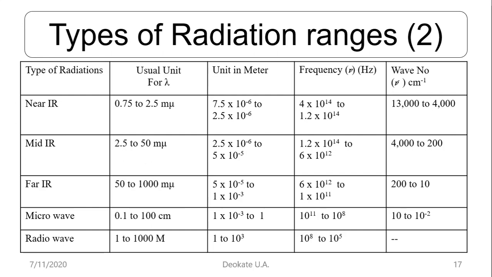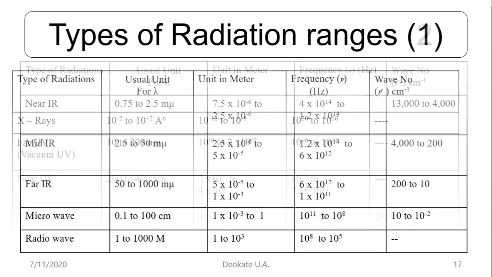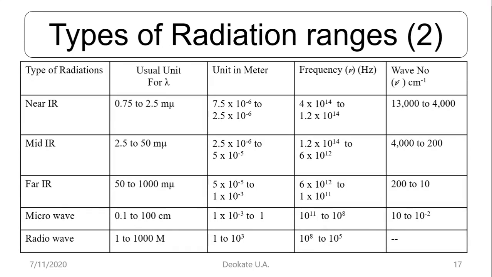So these are the various regions of the electromagnetic spectrum, and in each region one spectroscopy lies that we have to study. X-ray: X-ray diffraction and X-ray absorption. In far UV there is no spectroscopy. In near UV we have UV spectroscopy. In visible, UV-visible spectroscopy is there. In near IR, no spectroscopy.